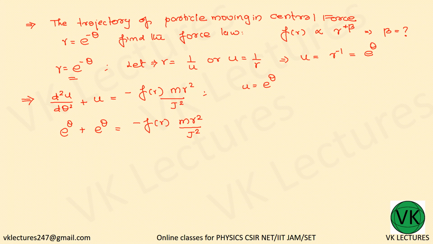Now that's equal to 2 e to the power theta. We will write e to the power theta in terms of r, because here we have r. e to the power theta is u, so this becomes 1 by r, because u equal to 1 by r. So 2u is equal to 2 times 1 by r, that is 2 by r. Thus we can write 2 by r is equal to minus F of r m r squared by j squared.